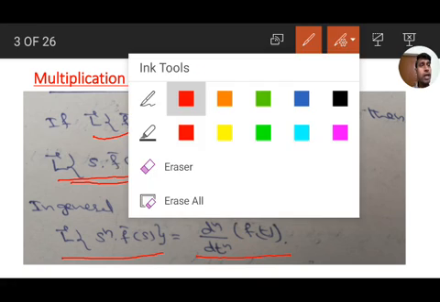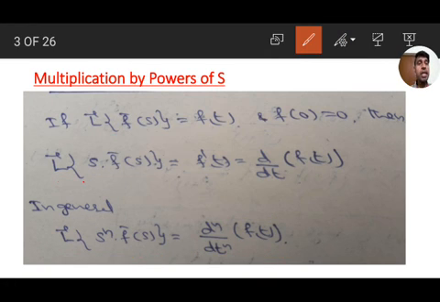If it is multiplication by only a single s, the inverse Laplace transform of s into f bar s is f dash t, that is the derivative d by dt of f of t. If it is s square, d square by dt square of f of t, the second order derivative. If it is s cube into f bar s, f triple dash t, that is d cube by dt cube of f of t, the third order derivative.